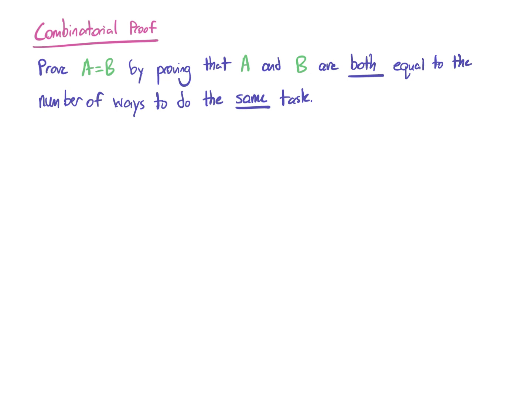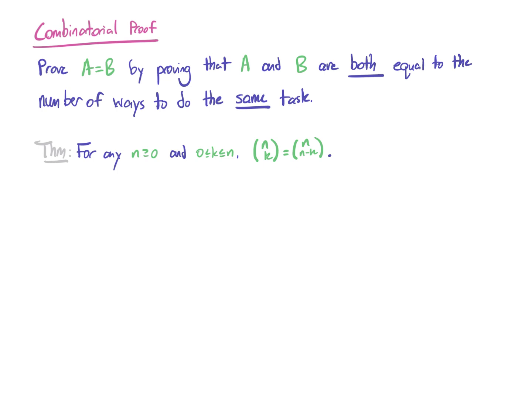And the way we're going to do that is by saying that A and B are both ways of counting the number of possibilities for performing a task. So if I can show that A and B are both formulas for counting the number of ways to perform a task, then I'll know that they must be equal to each other because they are ways of counting the same thing. So let's do an example.